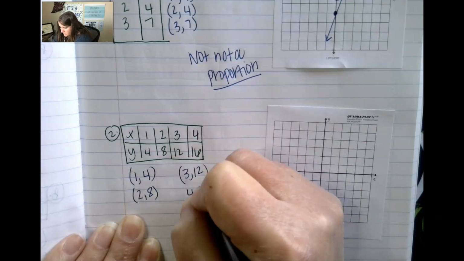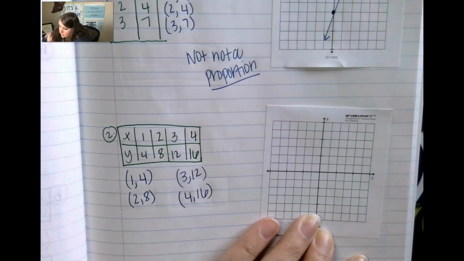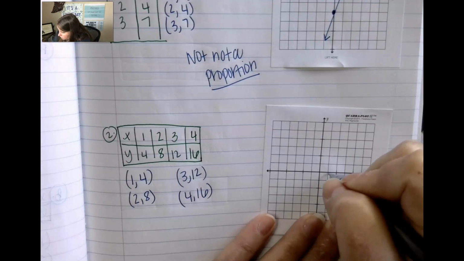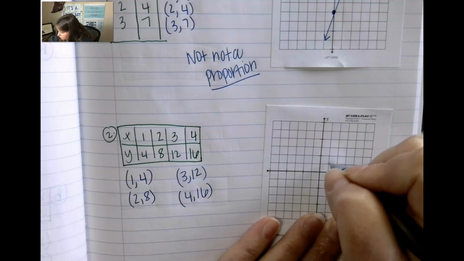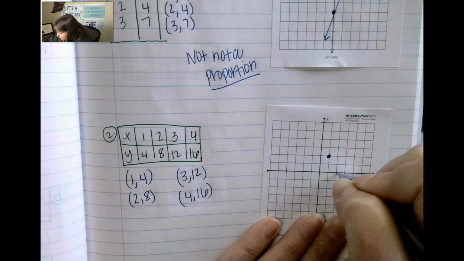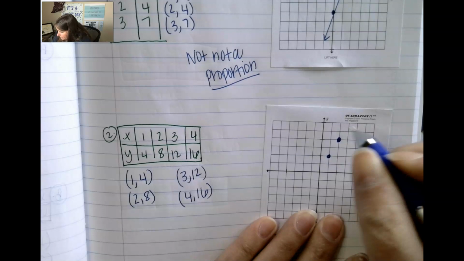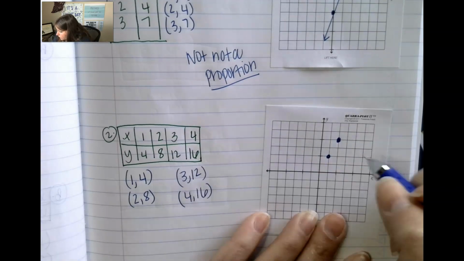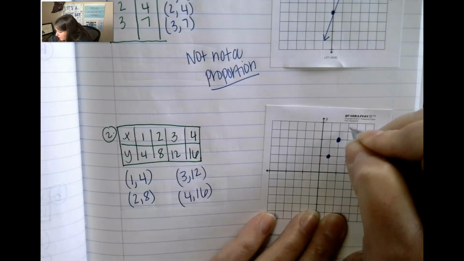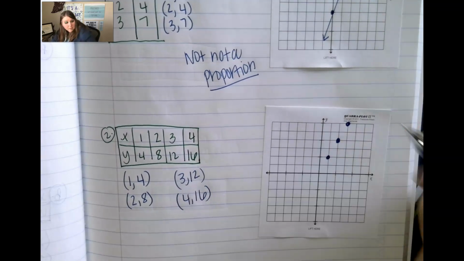And 4, 16. I'm going to count over 1 up 4, 2, 4. Over 2, 8, up 2, 4, 6, 8. This next one is 3, 12. Over 3 up 2, 4, 6, 8, 10, 12. And I've run out of space, but I would just keep going up here.